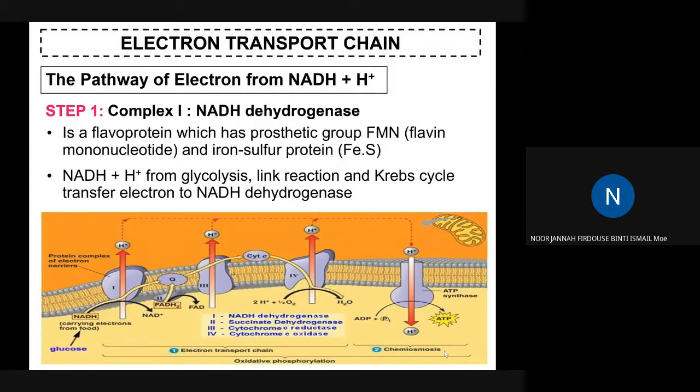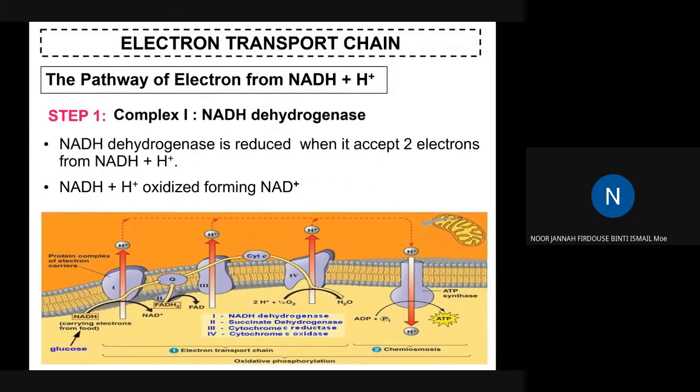Since they give the electron, NADH will be oxidized to NAD plus and return to the respective processes like Krebs cycle. And then the NADH dehydrogenase is said to be reduced.